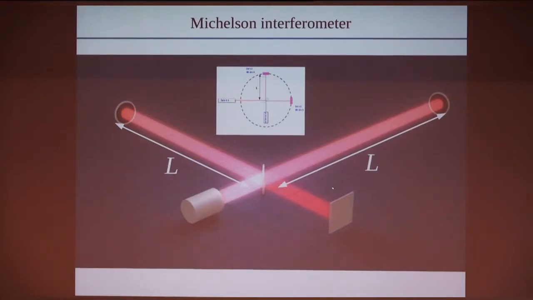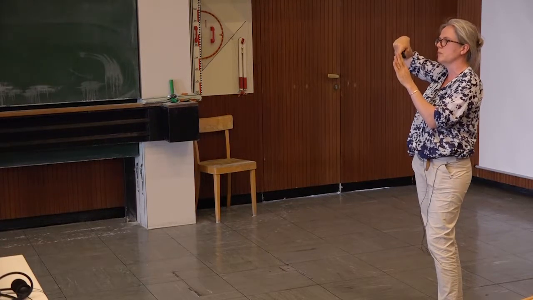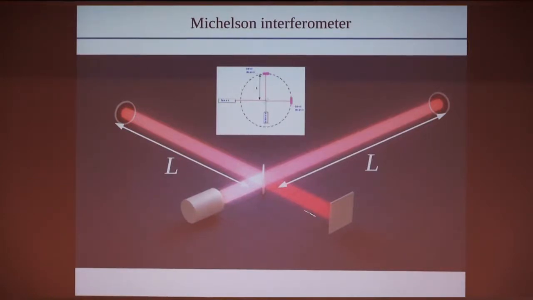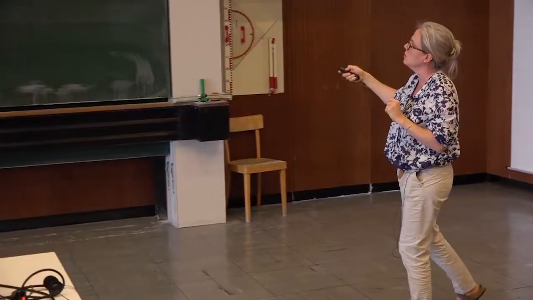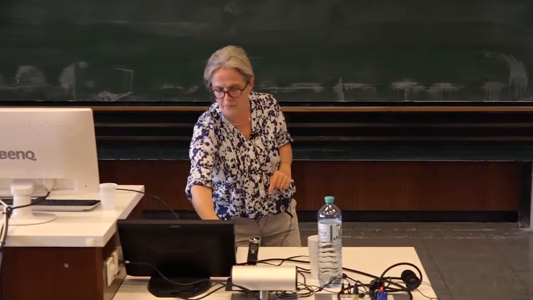When you have no gravitational waves, you should be on the fringe, and when a gravitational wave is passing through, it will change the phase of the light, and you should see some change in your detected light. So this is the basic principle of the detection.